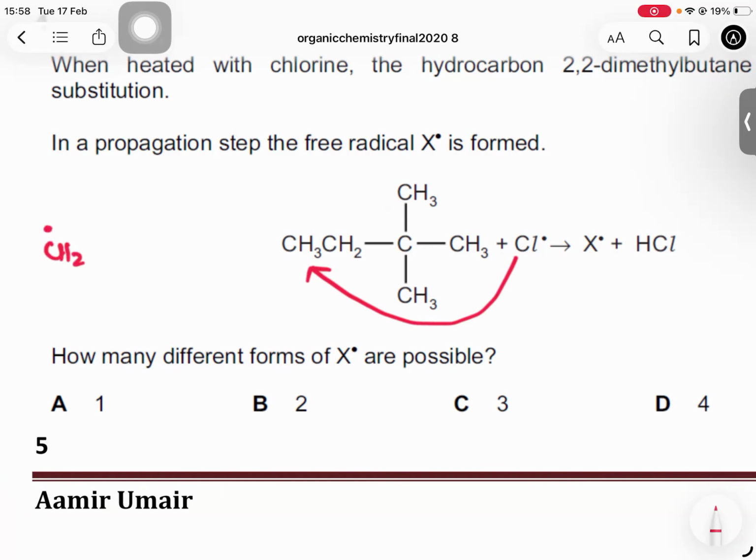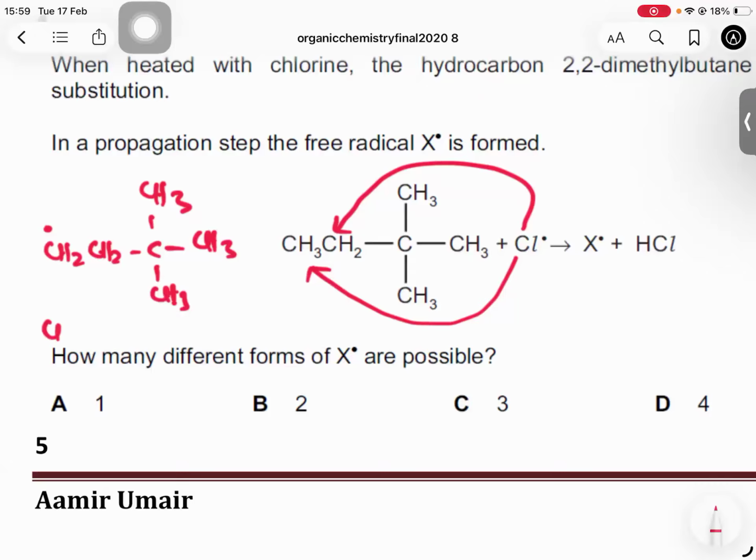CH2, CH2, C, CH3. This is the one free radical. You say no, this Cl comes and takes hydrogen from this. Another one, second one. CH3, that would be the CH3 and then this C, CH3, CH3, CH3. That is number 2.